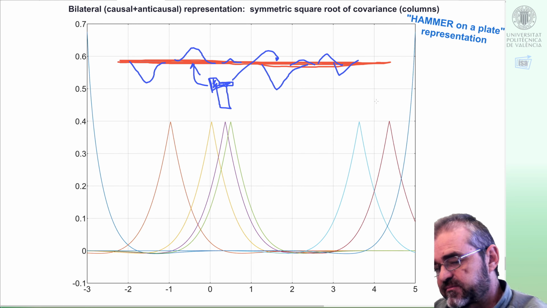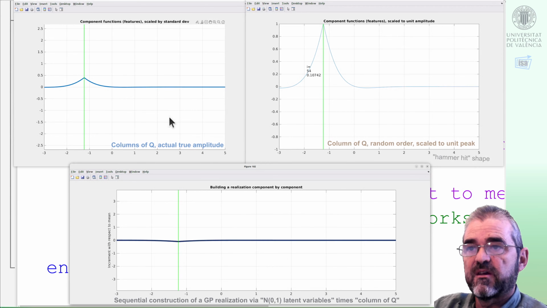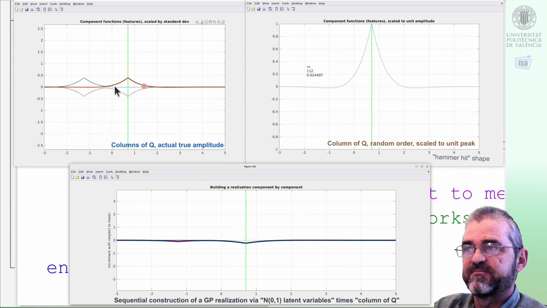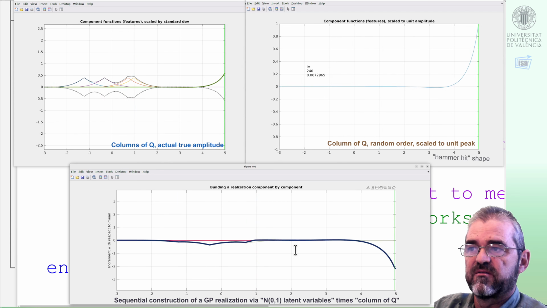So if we simulate it with a random permutation in my hammer, then we see the first component with this amplitude 1 scaling and the actual amplitude here. And then I throw the dice, my hammer deforms my plate, as we see in the bottom figure. Then my second hammer in here produces this deformation. Third hammering, fourth, fifth, each hammer produces deformation.